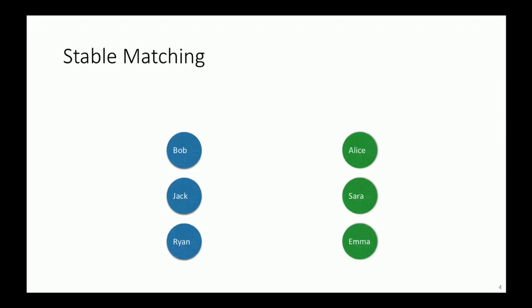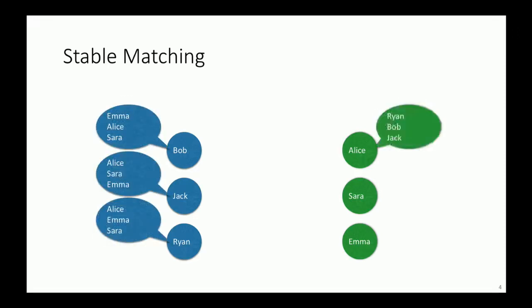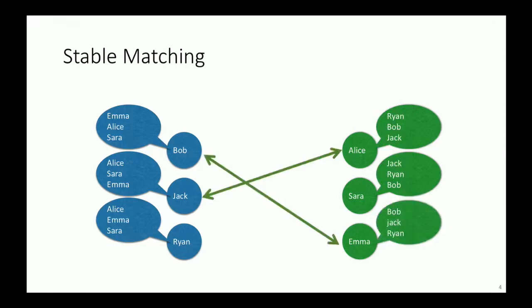So it's more fun to describe stable matching in the context of marriage. On the left-hand side, you have a group of boys, and on the right-hand side, you have a group of girls. Of course, each person has a preference list. If we assign the members of these two groups to each other in this order, this is not a stable match because of this link. As you can see, Alice prefers Ryan over Jack, her already assigned partner, based on the preference list.